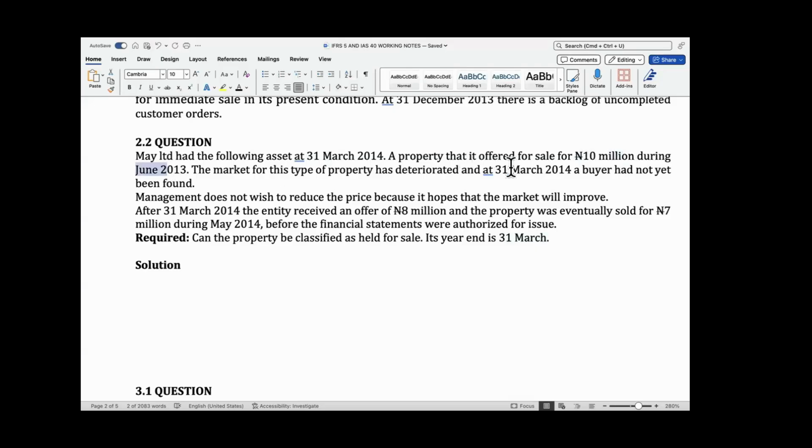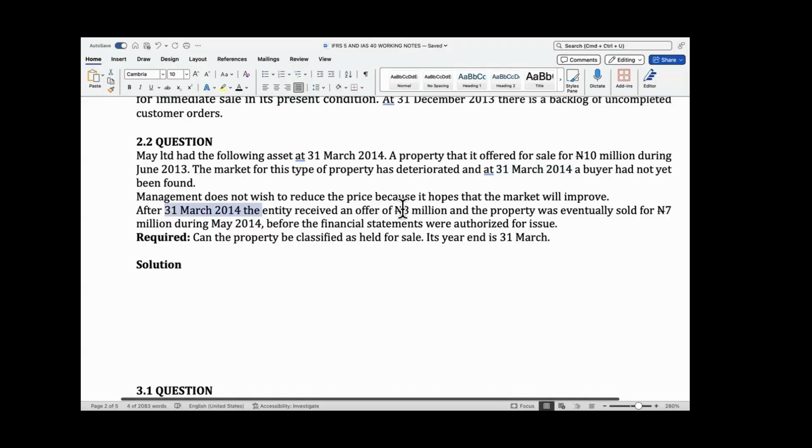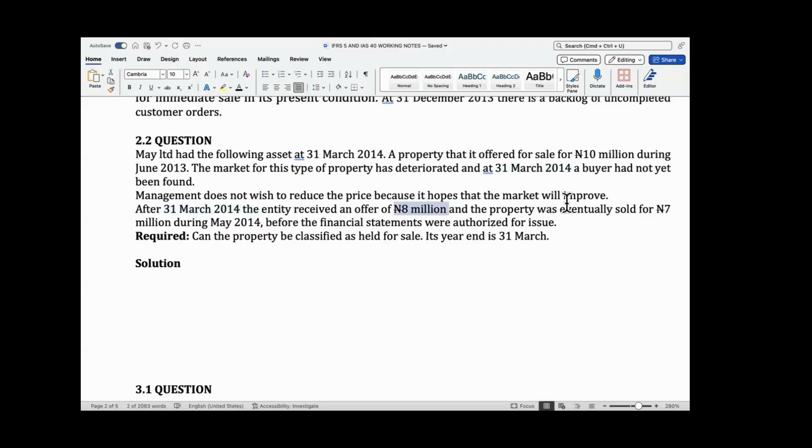And the market for this type of property has deteriorated, and as at March, a buyer has not been found. Management does not wish to reduce the price because it hopes the market will improve. So after March, the entity received an offer for 8 million. I'm sure he did not agree. And eventually, they just sold it for 7 million in May, before the financial statements were authorized for issue. Can the property be classified as held for sale?